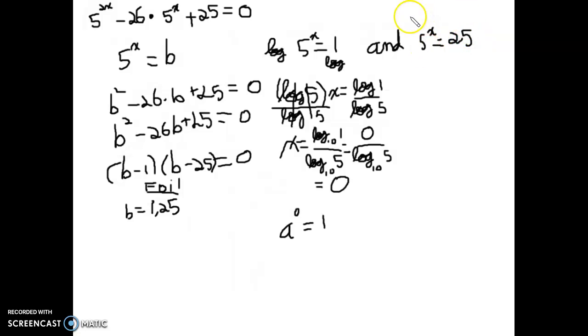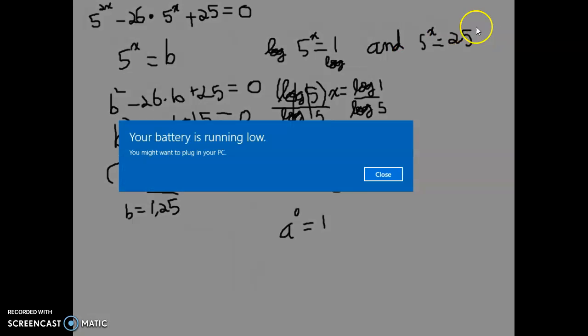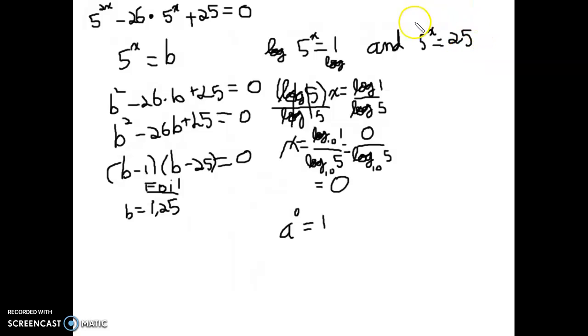And so now we're going to solve for x in this second equation. So we will take the log of each side once again. We'll have log of 5 multiplied by x, and that's going to be equal to the log of 25.